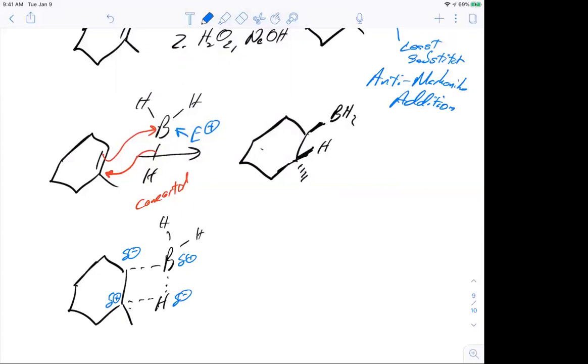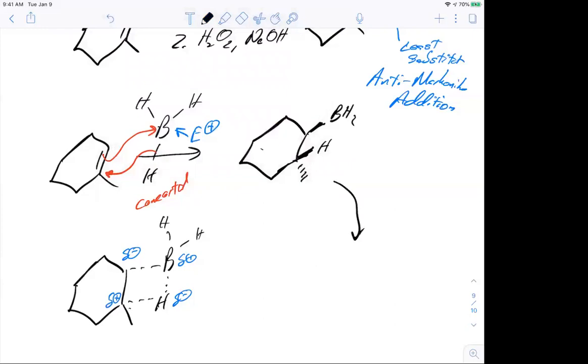So the first step is actually following Markovnikov's rule. I'm forming the most stable carbocation. So I've actually added my electrophile to the least substituted position to give me the more substituted position as my partial positive here. Okay, so I haven't changed the laws of chemistry. I've just changed what adds first, not the hydrogen, but the boron.